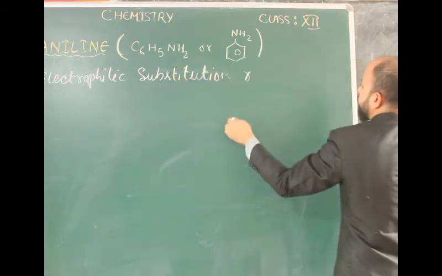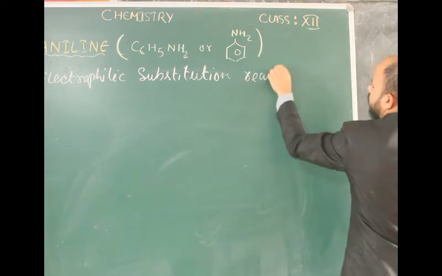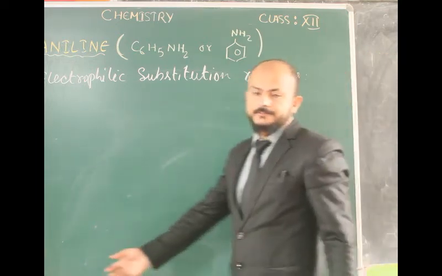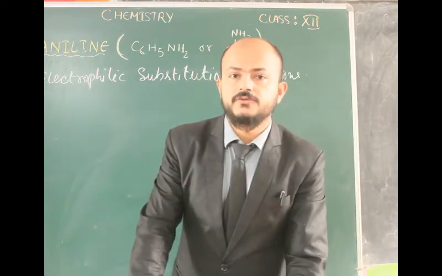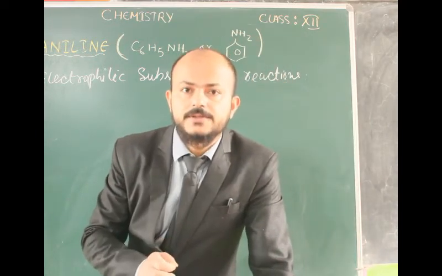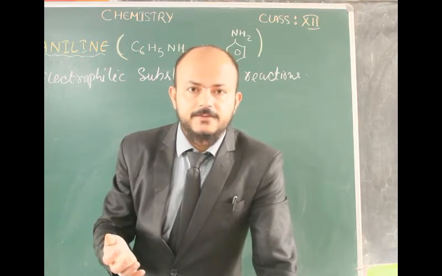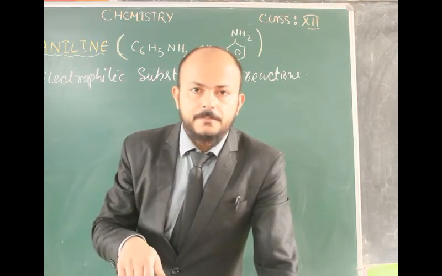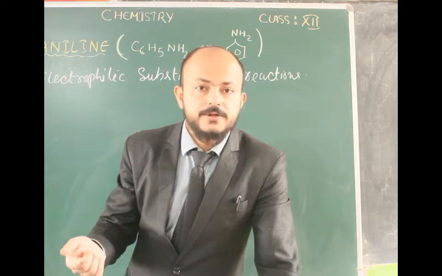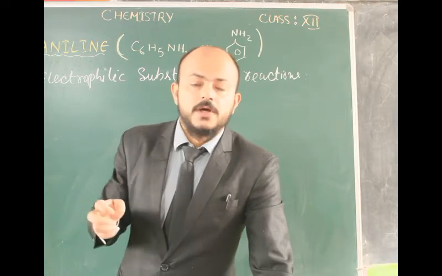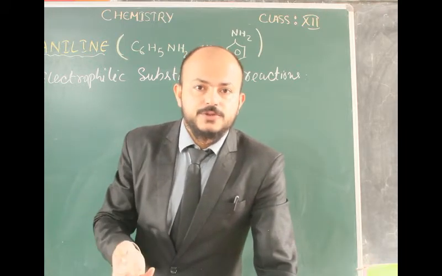Whenever we discuss electrophilic substitution reaction in aromatic compounds, you must have studied that whenever there is an electron donating group, you get ortho and para directed product, and whenever there is an electron withdrawing group, you get meta substituted product.